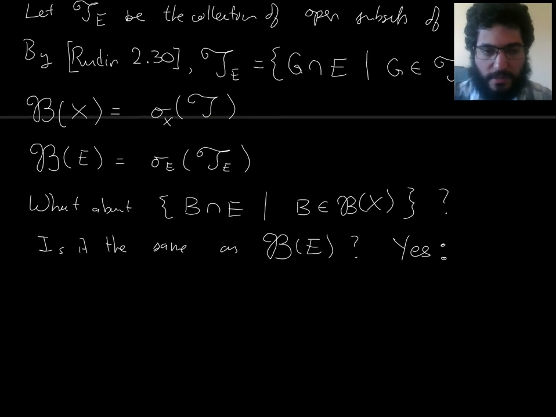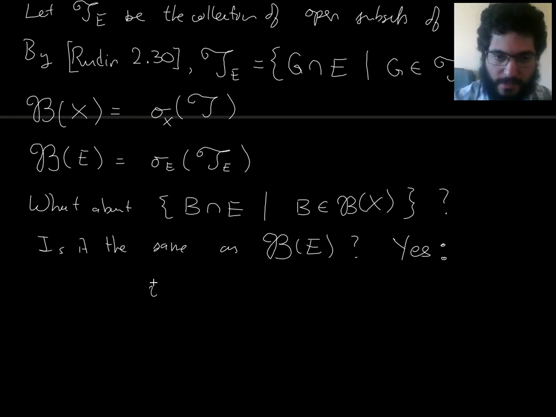So I'm going to leverage all the work that we did in the previous few videos, that corollary I called, about pulling back and pushing forward sigma algebras. So what's going on here, when I intersect things with E, that's like pulling them back under an inclusion map.